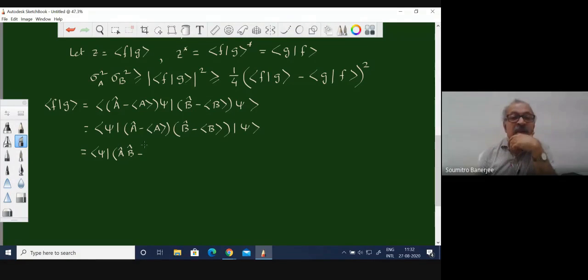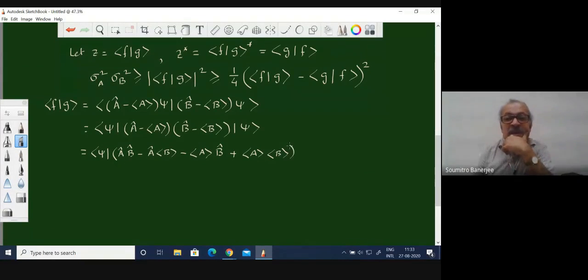AB minus A, expectation value of B, which is a number. So A expectation value of B, minus expectation value of A times B operator, plus expectation value of A, expectation value of B. Okay.